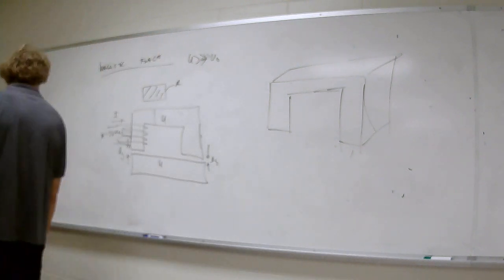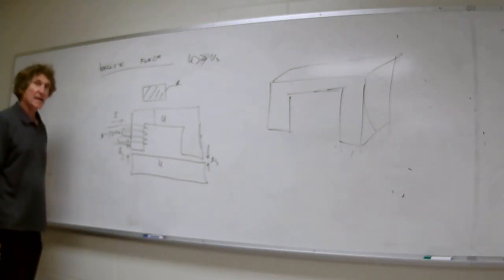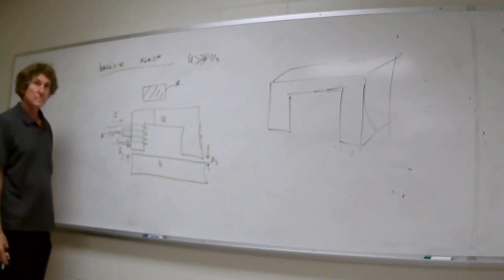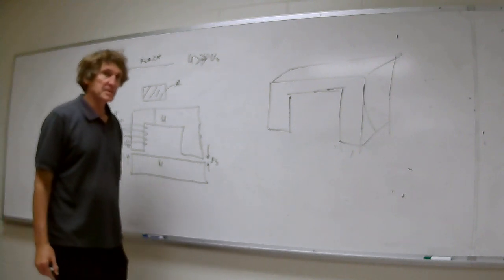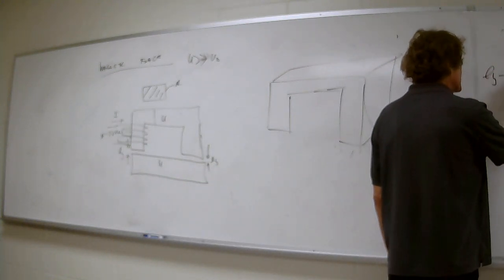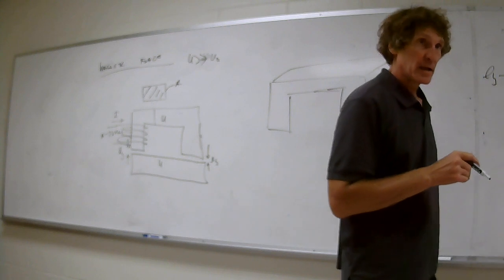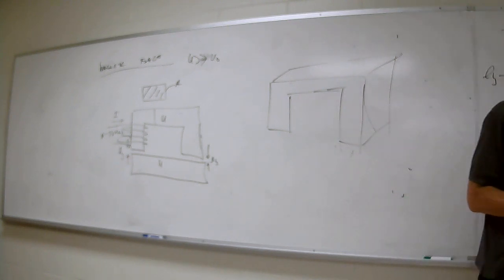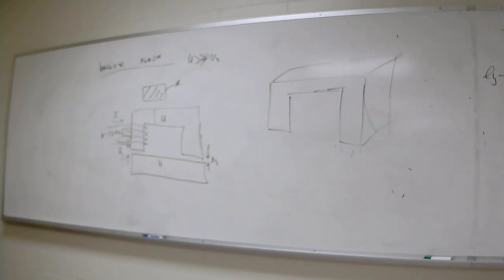All right. Now, if you look at this for a second, we're going to assume this gap is 0. So I'm going to assume the gap L_G is approaching 0. And what I'm going to do is take a look at this magnetic circuit.